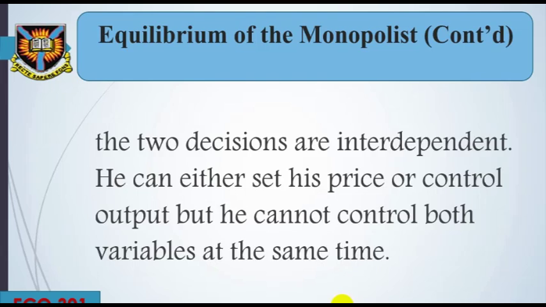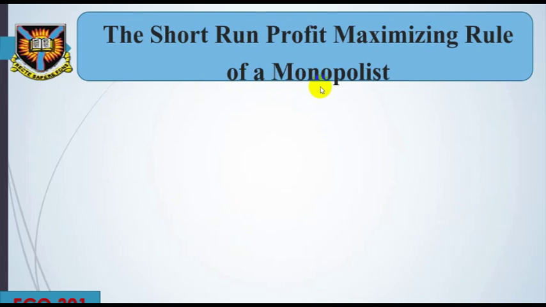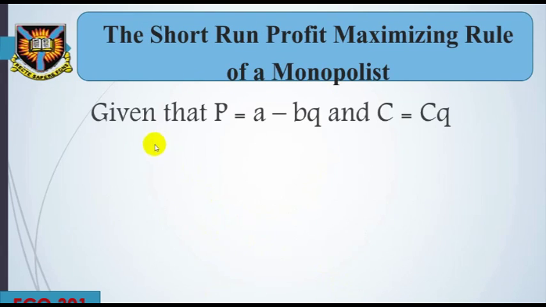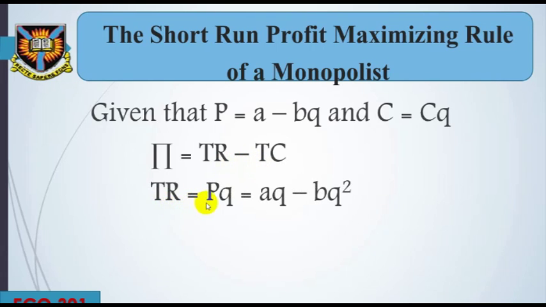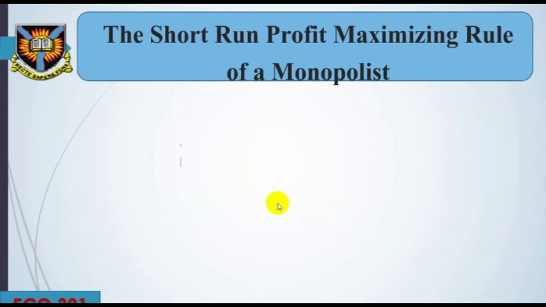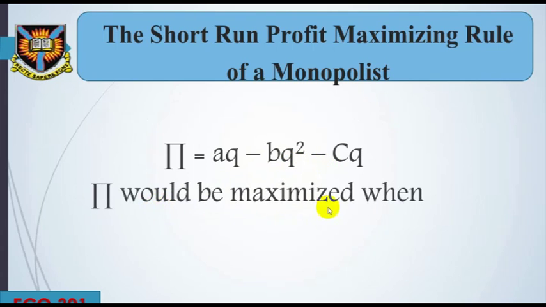The short-run profit maximizing rule of a monopolist. Given that P is equal to A minus BQ and C is equal to CQ, profit is equal to TR minus TC. TR is equal to PQ is equal to AQ minus BQ squared. Profit is equal to AQ minus BQ squared minus CQ. Profit will be maximized when MR is equal to MC.